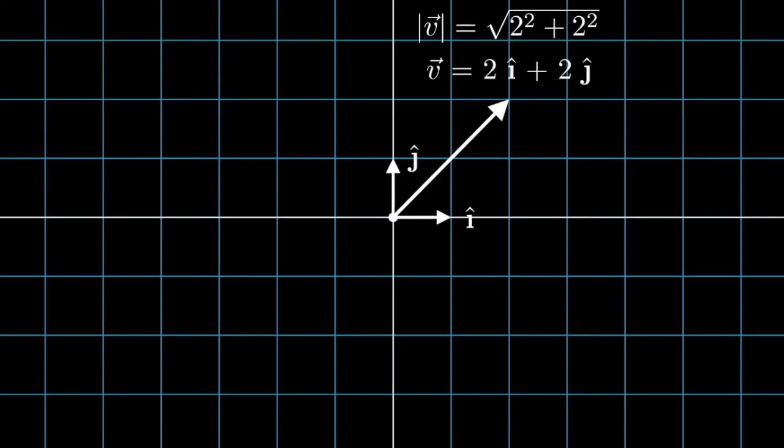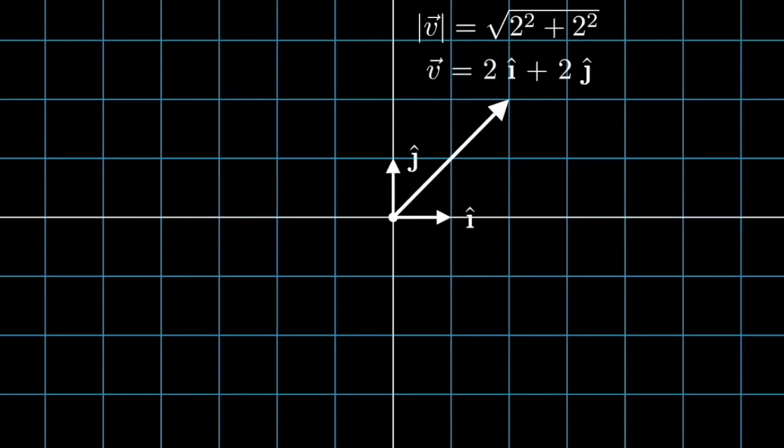If there were a vector that could not be written down as a linear combination of a particular set of vectors, we would say that vector is linearly independent of that set. So for example, with just i hat and j hat here, we cannot represent a vector that is in the z direction only. So that vector that's in the z direction only, we would say is linearly independent of i hat and j hat.